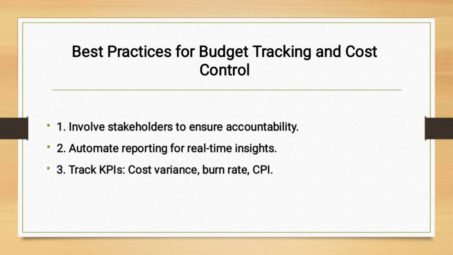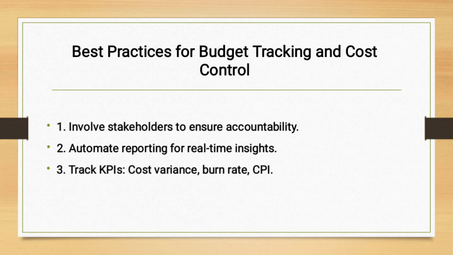Another one is where you are supposed to track your key performance indicators. For example, you need to track cost variance. Another one, you need to track the burn rate.